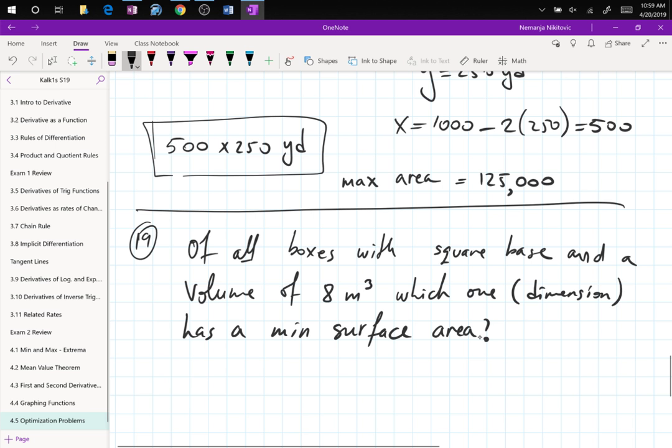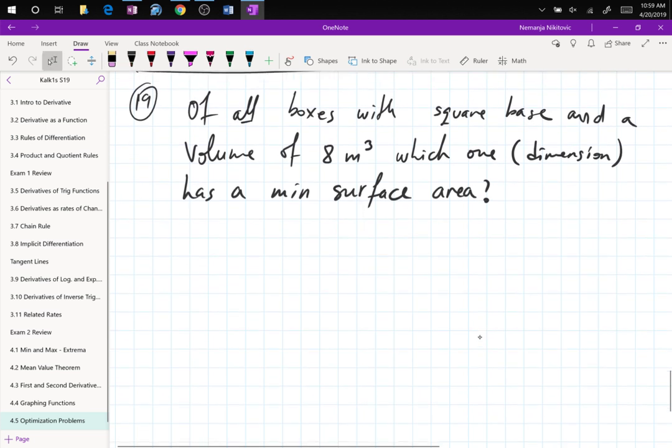Okay, well, we can deal with that. We start by understanding that we have a square base. Now, why do we need a square base? Well, because it's Calc 1, it's not Calc 3. You will do blocks of any kind in Calc 3, and you will use an extension of this, which is called Lagrange multipliers.